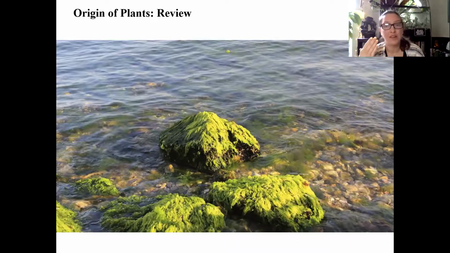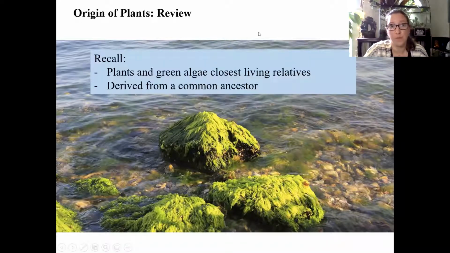You don't need xylem and phloem to transport things in order to survive, because you're surrounded by water. So you can just use the process of osmosis and diffusion to pull in water and other minerals, and then use the sun to undergo photosynthesis and make your own food, right? So you don't need to be a complex sporophyte plant if you're living in the water.